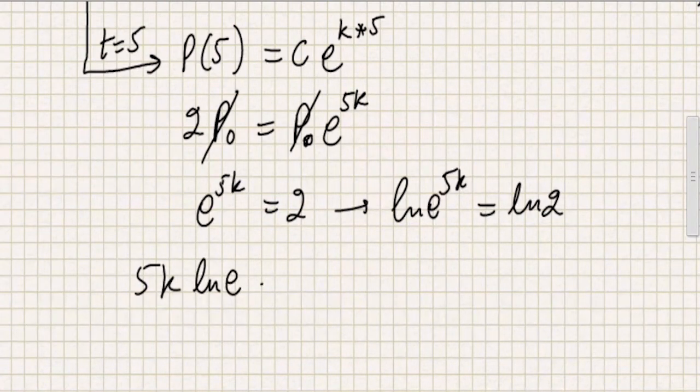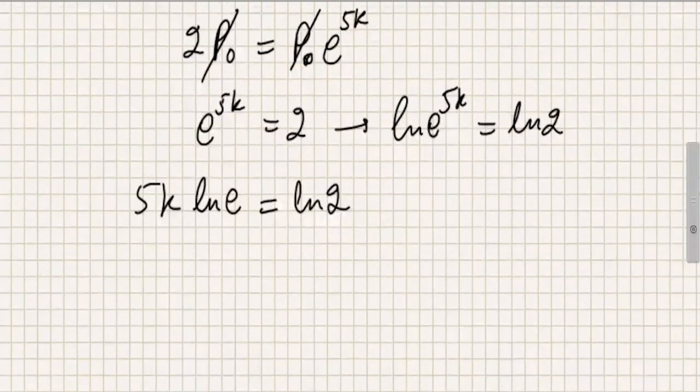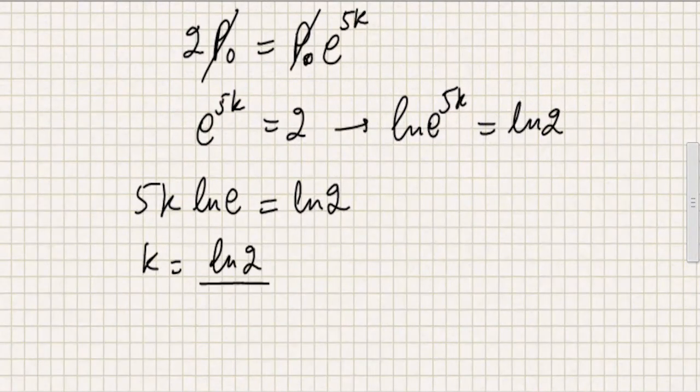That is a property of log. And on the right hand side I get natural log of 2. So the value of k becomes natural log of 2 divided by 5 natural log of e, and by the way, natural log of e is 1. So all of this will be 1, so we don't need to write that.